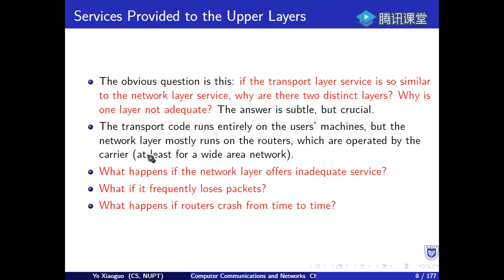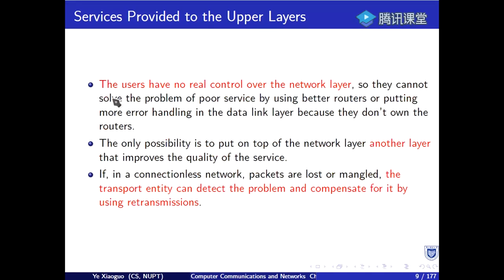If the network layer frequently loses packets, or if routers crash from time to time, the users have no real control over the network layer, so they cannot solve the problem of poor service by using better routers or putting more error handling in the data link layer, because they don't own the routers.